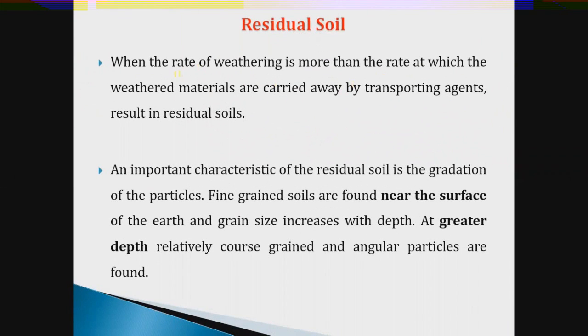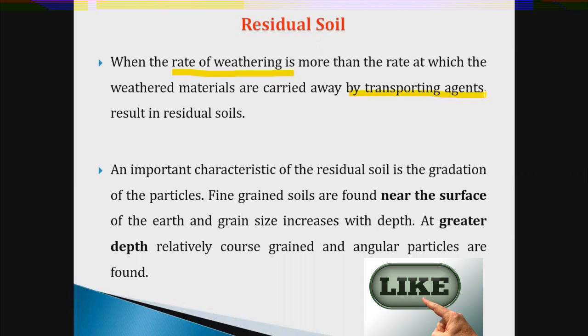So if the rate of weathering is more than the rate at which the soil is transferred to different areas by different transporting agents, it will result in a residual soil. Now, residual soil has a characteristic: the bigger particles will go to deeper depths and the finer particles will remain near the surface of the earth.